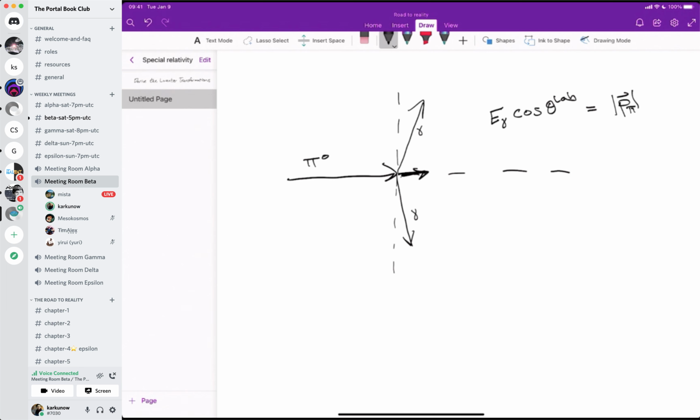Yeah, so as theta lab goes toward pi over 2, the cosine goes towards 0. Right, so the energy of the photon would have to be huge.